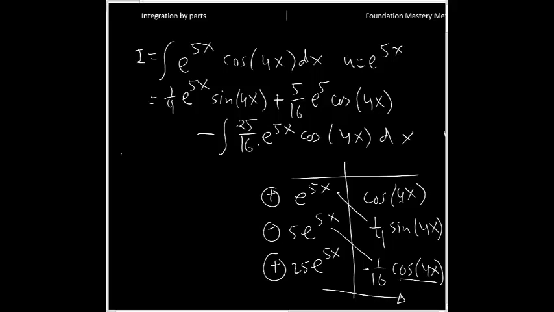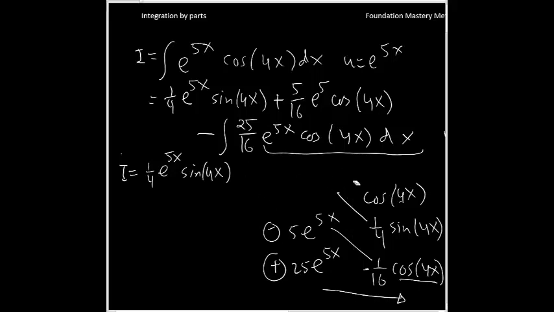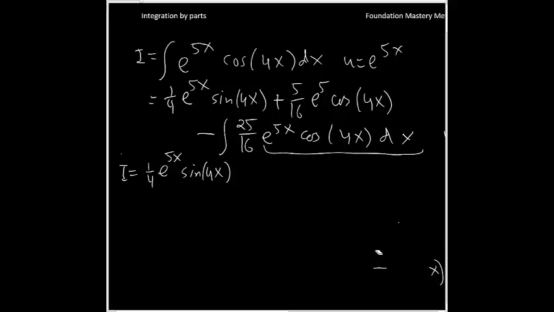This whole integral has come back here with a multiple of 25/16. Then I can say that I equals 1/4 e to the 5x sine 4x plus, I don't need this table anymore, plus 5/16 e to the 5x cosine 4x minus 25/16 I. Do you see that?